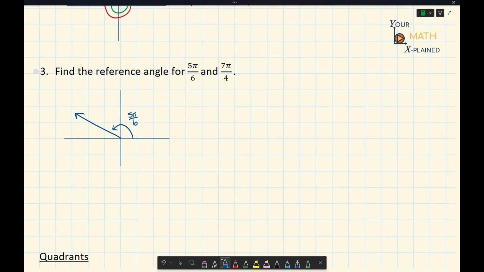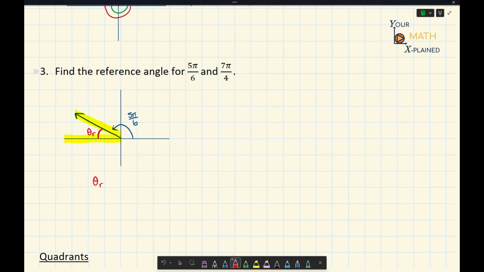Now the reference angle is always the acute angle formed by our terminal arm, which is this one here, and the x-axis. So the acute angle will have to be formed by the negative x-axis, because if we pick the positive x-axis, that would be more than 90 degrees. So that means our reference angle is this angle right over here. And we're going to call that theta with a subscript r.